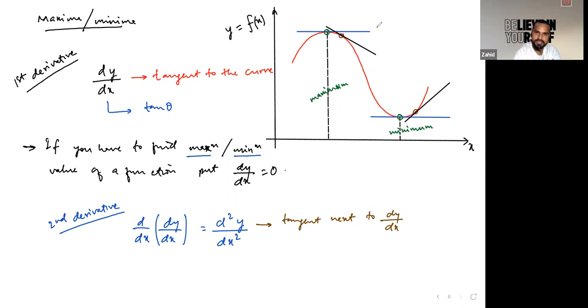So this blue line is defining dy/dx, and this black line is defining the second derivative, that is d2y over dx squared. Now I have to define the inclination of the second derivative with respect to the x-axis, that is, with the blue line.